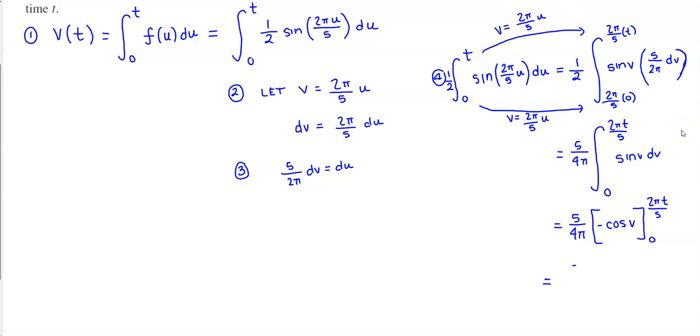So we have 5 over 4 pi, and we plug in our values: negative cosine of 2 pi t over 5 minus negative cosine of 0.